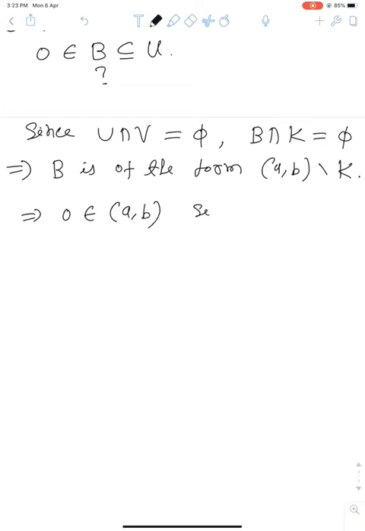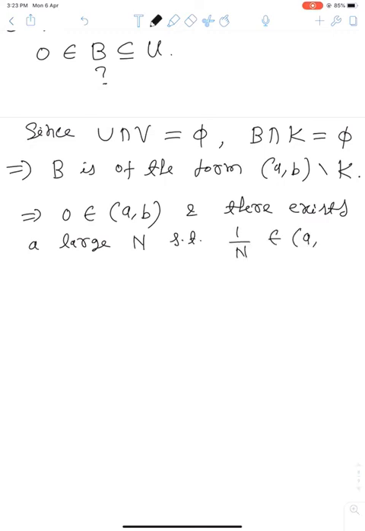Now since there exists a large N such that 1 by N belongs to AB, this is true by the Archimedean property.